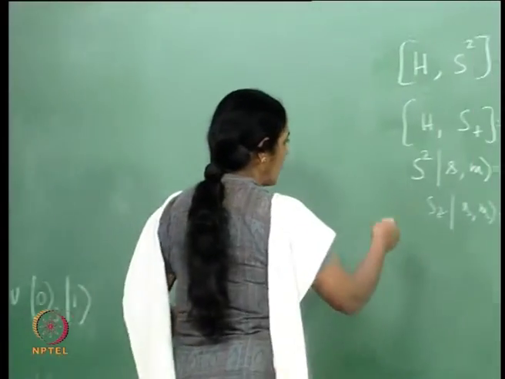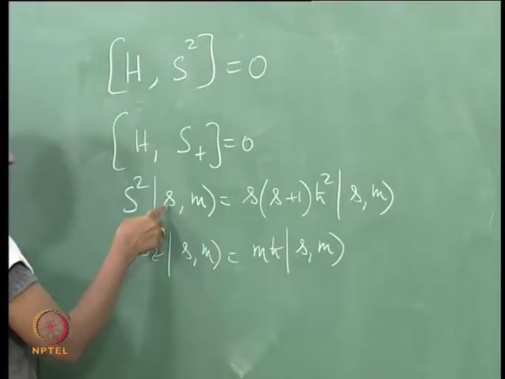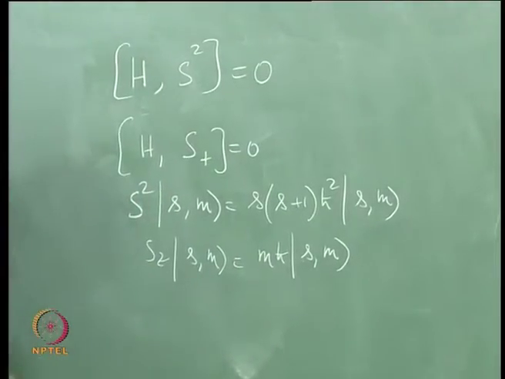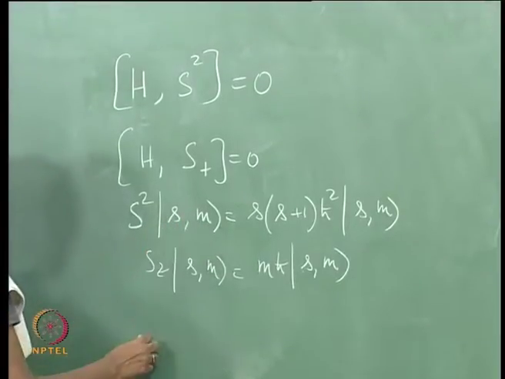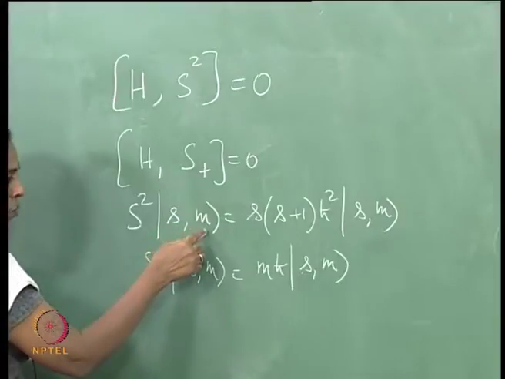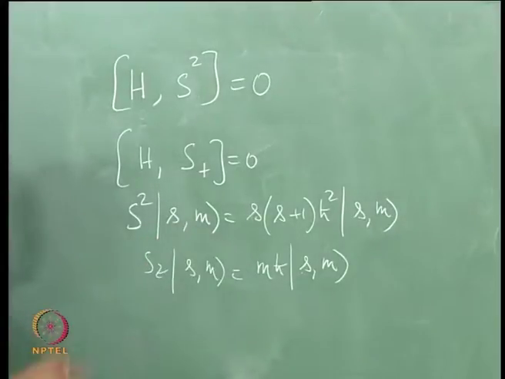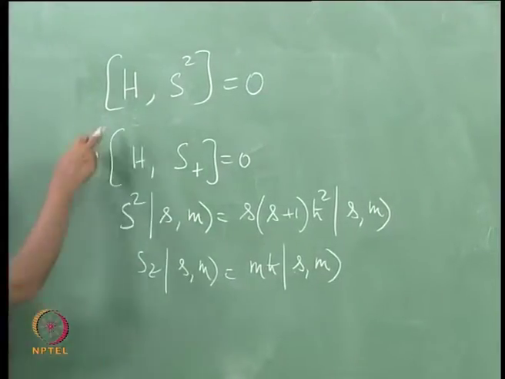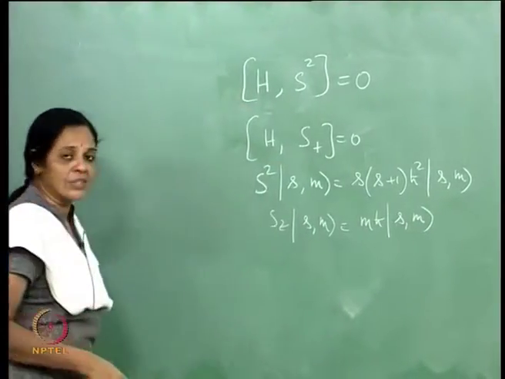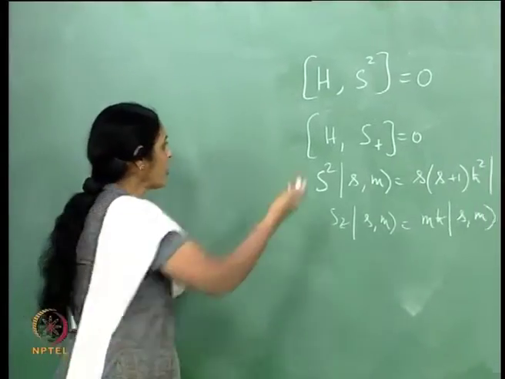Independent of the value of m, provided the spin of the object is given to me, I want to show that the object has the same mass whether it exists in the state s comma m or s comma m plus 1 or s comma m minus 1. It is independent of m, provided the Hamiltonian commutes with S plus. In other words, it commutes with Sx, Sy, and of course Sz.